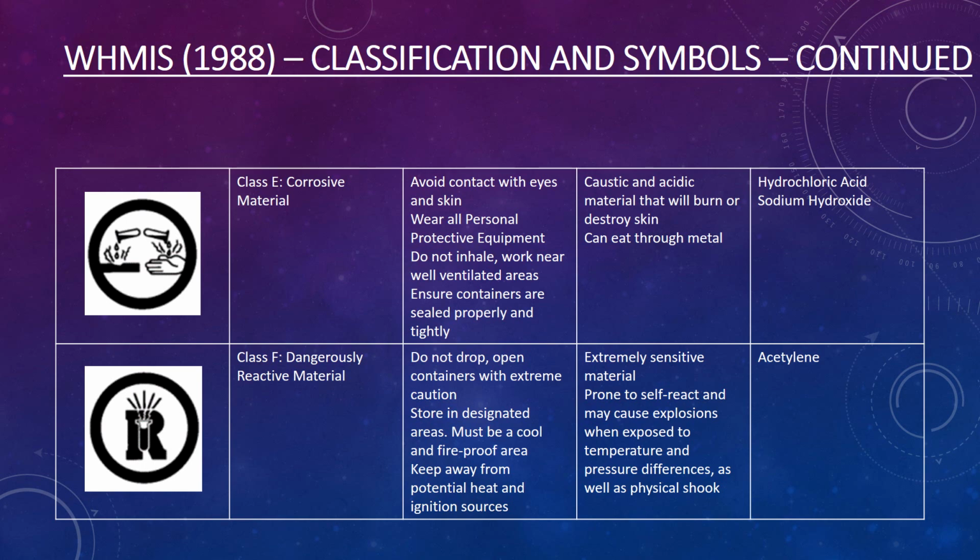Class F, dangerously reactive material. Do not drop. Open containers with extreme caution. Store in designated areas. Must be a cool and fireproof area. Keep away from potential heat and ignition sources.